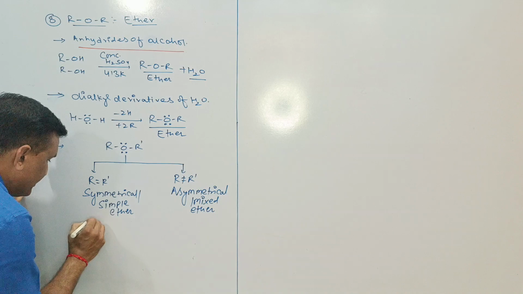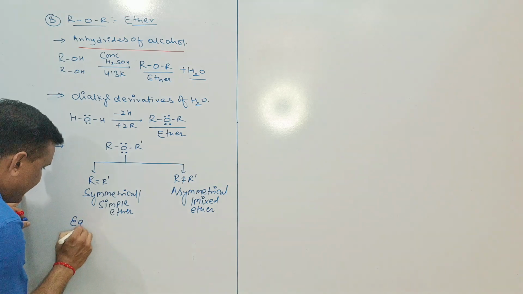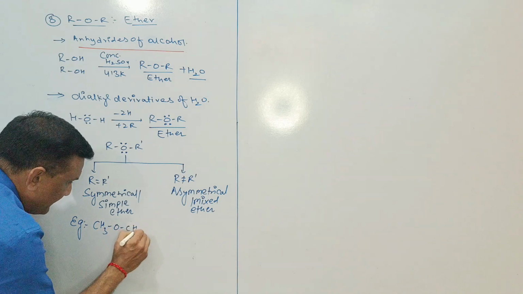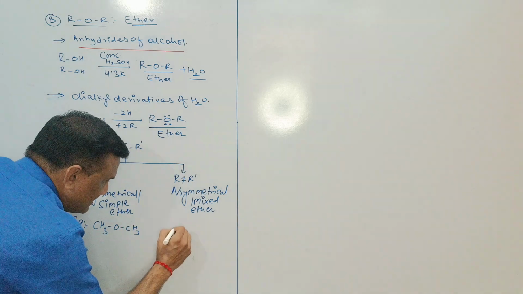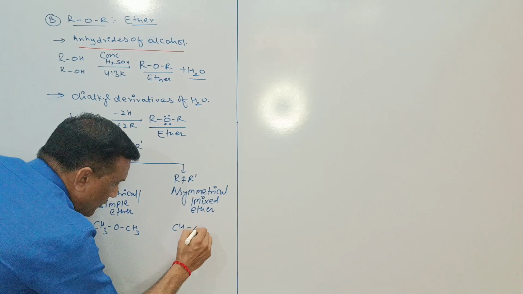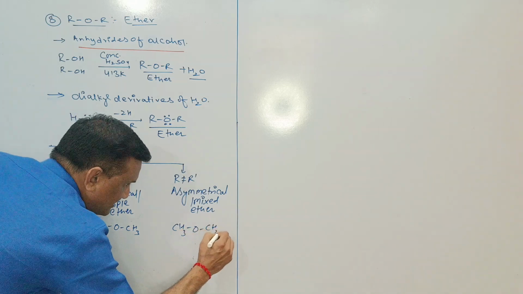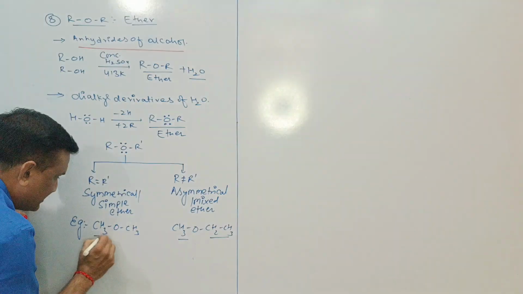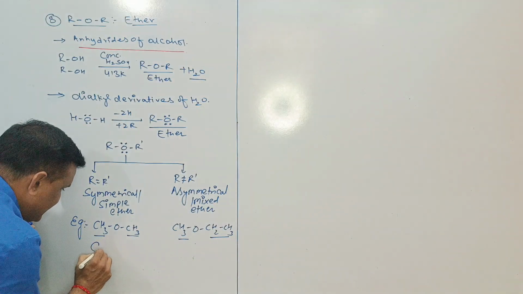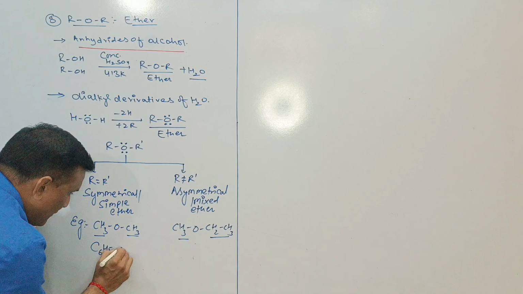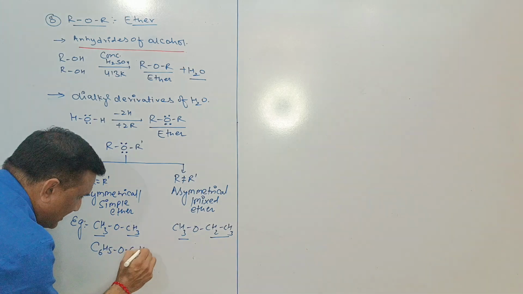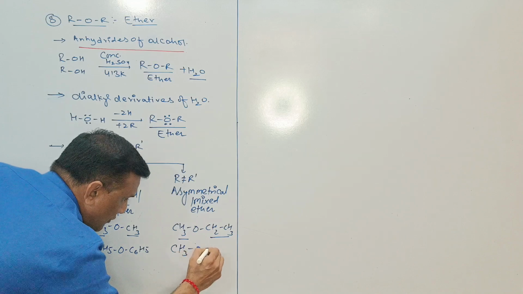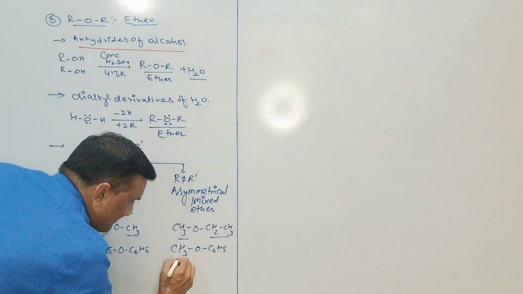For example, you can take CH3OCH3 and CH3OCH2CH3 as examples. In one, both alkyl groups are the same, and in the other, they are different. Here C6H5OC6H5 is a symmetrical or simple ether, and here CH3OC6H5 is a mixed ether.